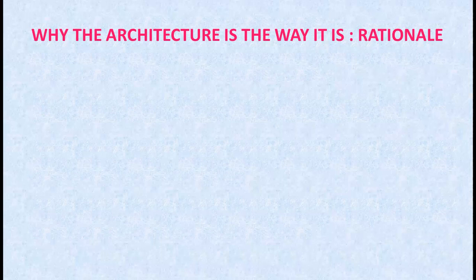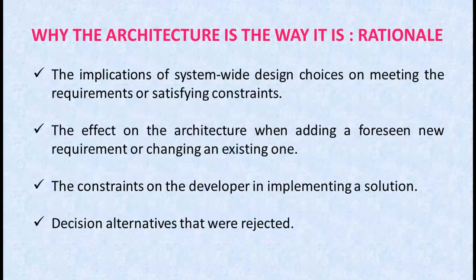One might use the rationale to explain the implications of system-wide design choices on meeting the requirements or satisfying constraints, the effect on the architecture when adding a foreseen new requirement or changing an existing one, the constraints on the developers in implementing a solution, and decision alternatives that were rejected. So in general, the rationale explains why a decision was made and what the implications are in changing it.